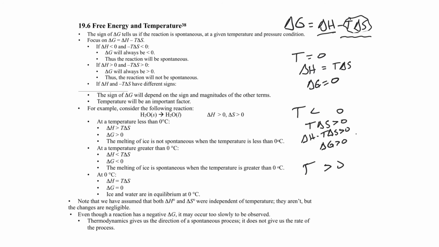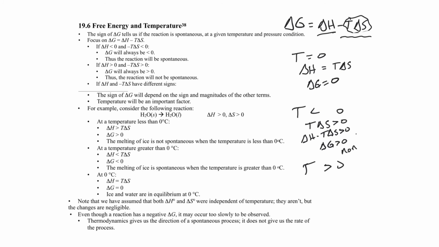What if temperature is less than 0? If T is less than 0, then T delta S is less than 0, because T is negative. This is crazy. You have to really think about this slowly, which means that your delta H minus T delta S is greater than 0, which means that it's non-spontaneous. So in terms of ice melting, it's non-spontaneous when the temperature is less than 0.